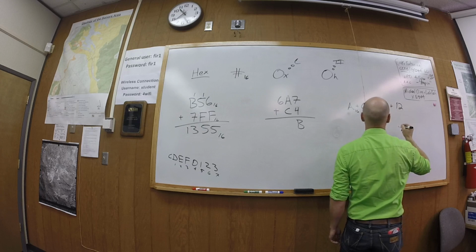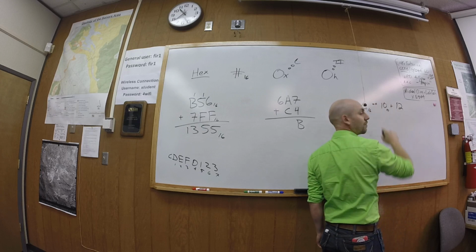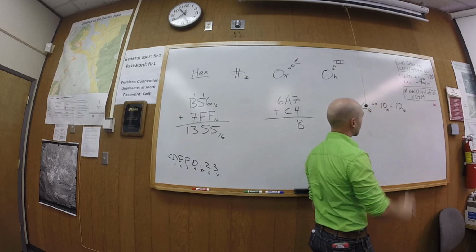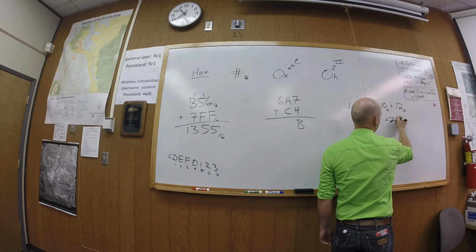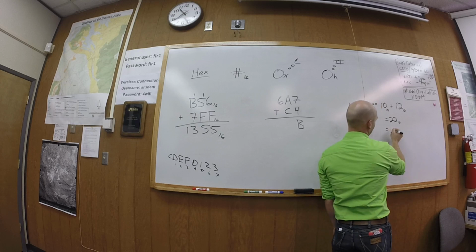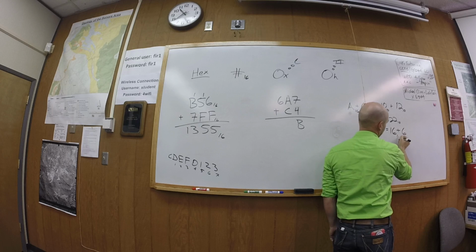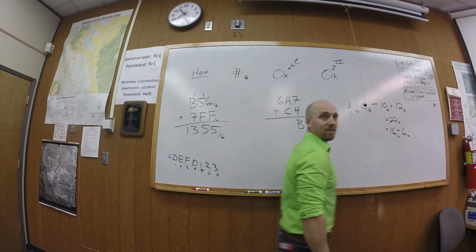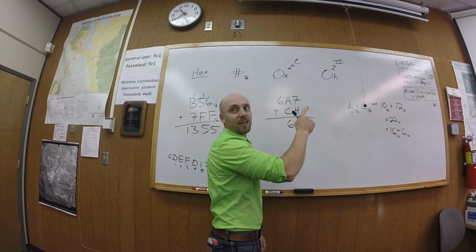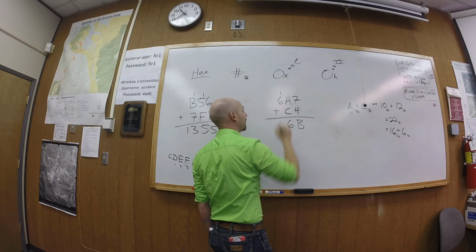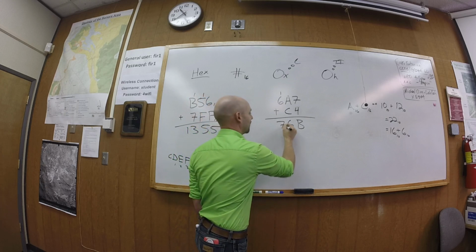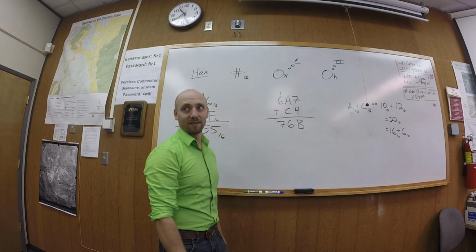Oh, B's 11, so C's 12. Perfect. So I got 22 in base 10. Now subtract 16, which is a 16 plus a 6. So I got a 6, carry the 1. And then 1 plus 7 is still 7. So you got 76B.